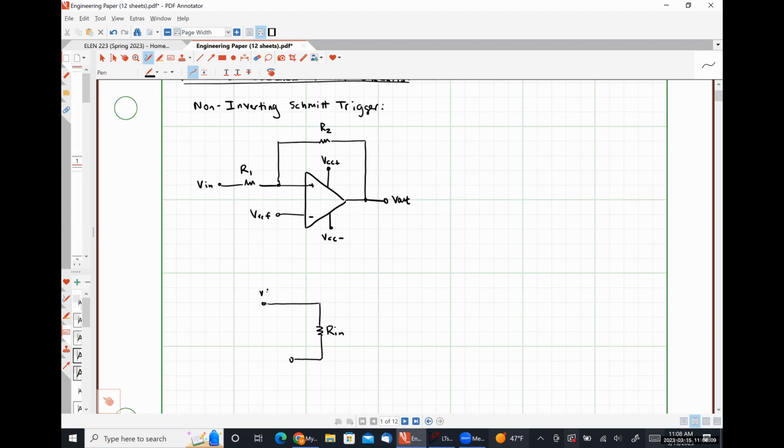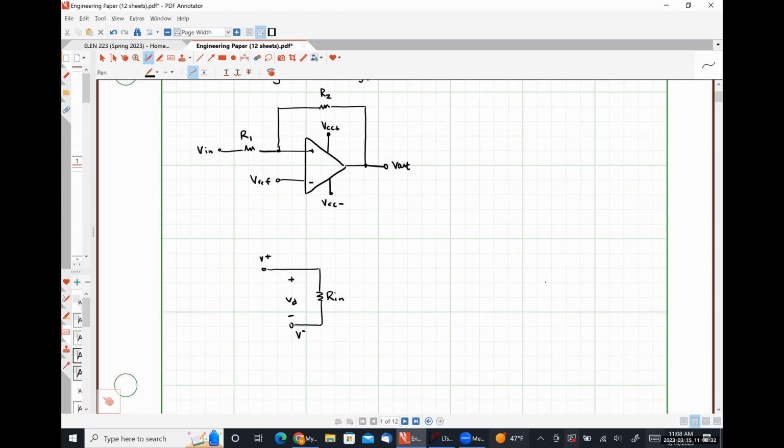This terminal, V plus, is going to be my non-inverting input terminal. This terminal down here, V minus, is my inverting input terminal. And as always, my differential voltage VD is simply the difference of these two pins, the voltage difference between these two pins.